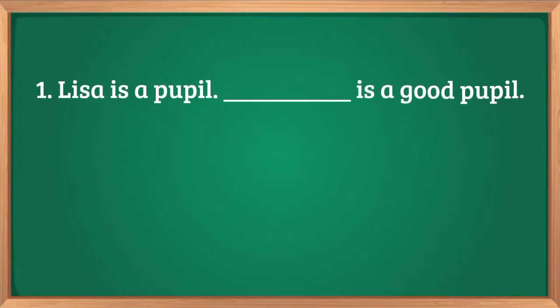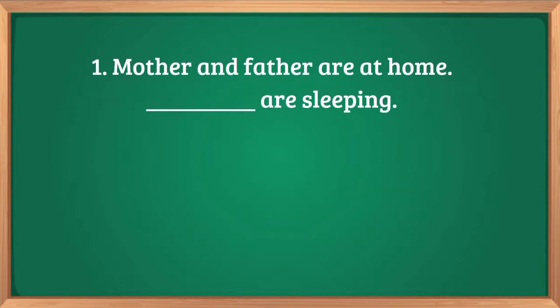So let us answer the following sentences. Lisa is a pupil. Blank is a good pupil. Mother and father are at home. Blank are sleeping.